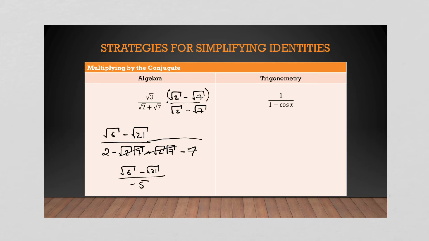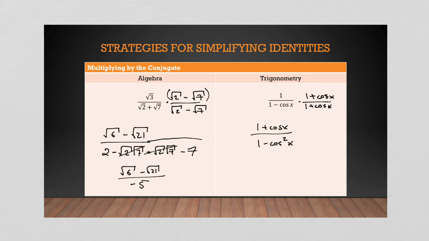So why would we do that in trig? Well, because we have identities. We have Pythagorean identities, right? So what we can do here is we multiply this by 1 plus cos x over 1 plus cos x. So on the top, we end up just with 1 plus cos x, but on the bottom now, we're going to have 1 minus cos squared x.